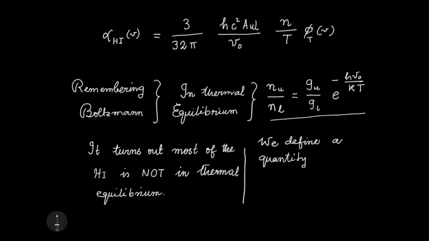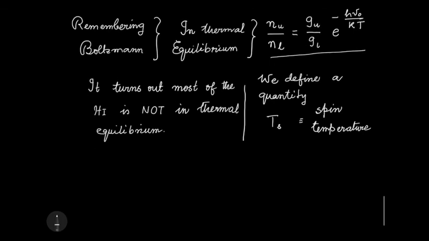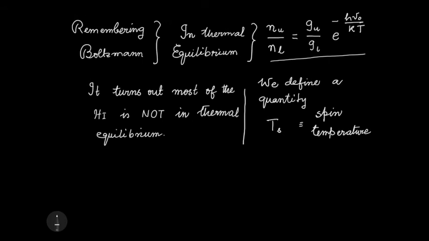So what we do is we define a quantity, we call it Ts. It has a dimension of the temperature and this is called spin temperature because this is a spin flip transition. And we have not defined it yet. How do we define?